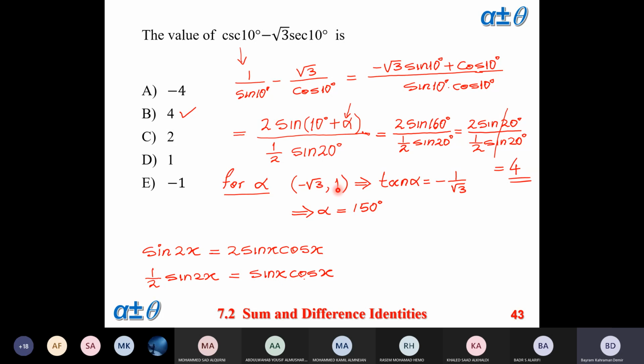So it is in the second quadrant, where tangent is negative 1 over root 3. So then alpha should be 150 degrees. Tangent of 150 is equal to negative 1 over root 3. This you got from memorizing, right? Yes, yes, Shiva.